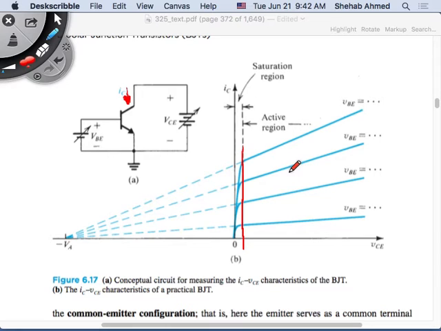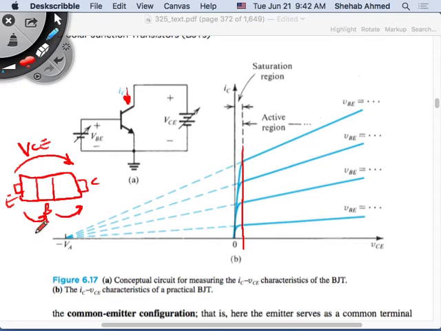Because you remember, VCE, if we looked at our device, was the voltage between my emitter and collector. This was my base. VCE is equal to VBE plus VCB, right?